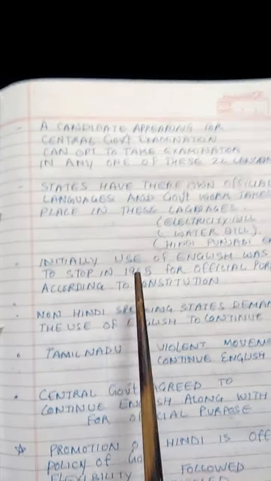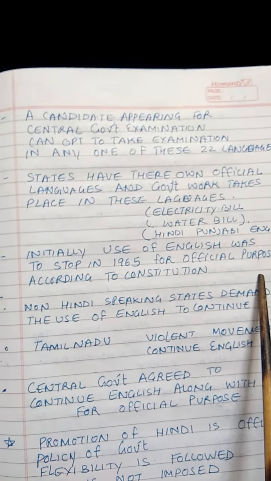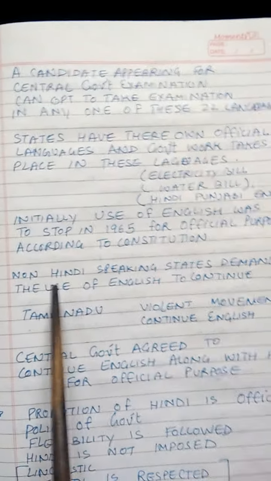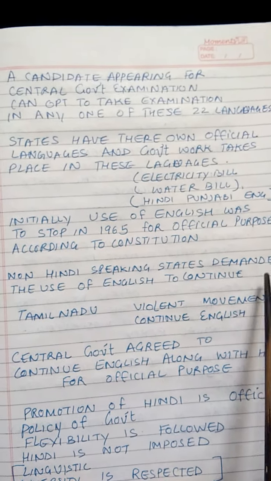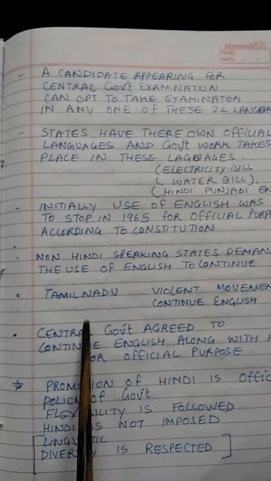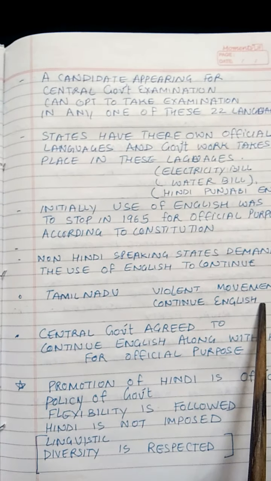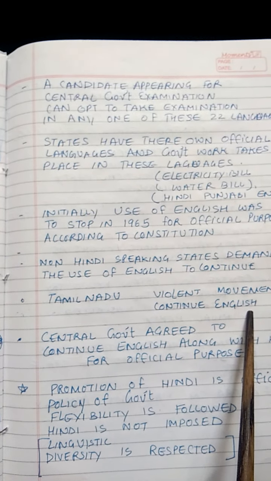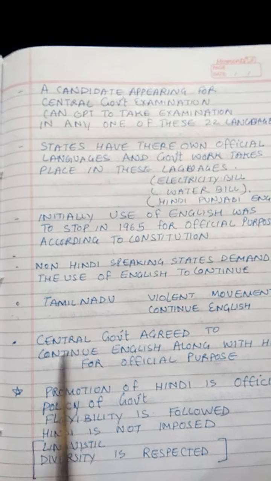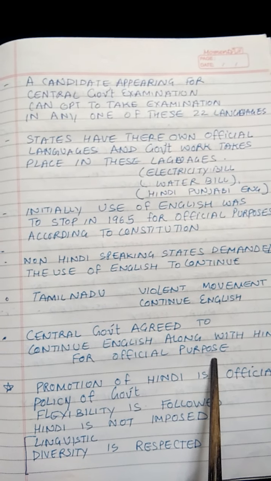Children, initially, use of English was to stop in 1965 for official purposes according to the constitution. But then it so happened that non-Hindi speaking states demanded the use of English to continue. In areas like Tamil Nadu, they had actually started a very violent movement, and hence the central government decided that use of English should continue along with Hindi for official purposes.